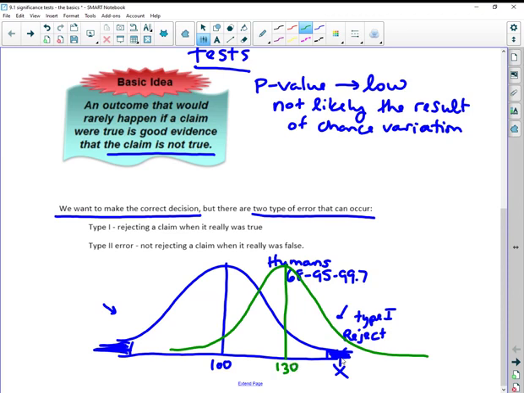So if an alien comes down to Earth and is over here, I would realize that they were an alien, because that's the point where I was rejecting at this 2.5%.